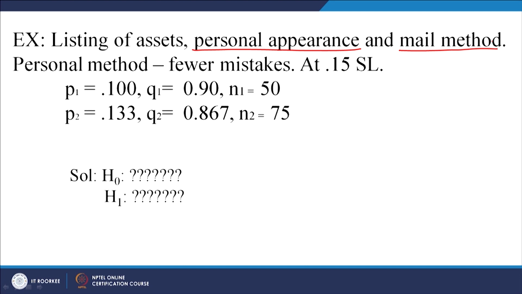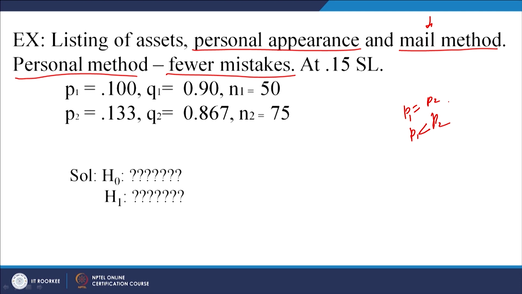The income tax department thinks that the personal method of filing income tax returns will have fewer mistakes than the mail method. So, how would you frame the null and alternative hypothesis? You have P 1 is equal to P 2, and P 1 is less than P 2.